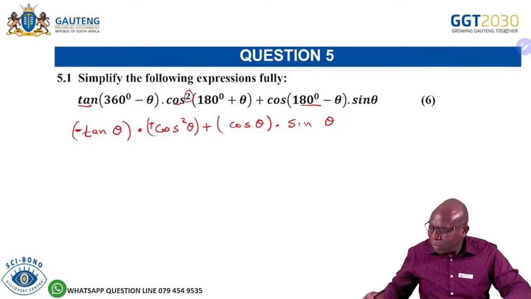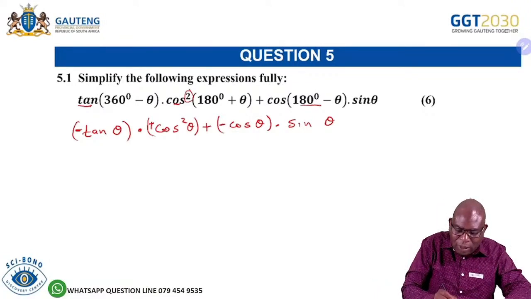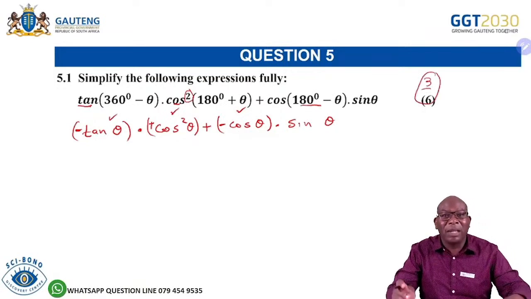Next one, I go cos of 180 degrees minus 1. I just subtract a 1. Don't worry about any other number. I've got a negative, so here I'm going to get a negative. This one is fine. So now I've got 1 mark, 1 mark, 1 mark, 3 out of 6. I've got 50% on that question. Everybody must get this question.